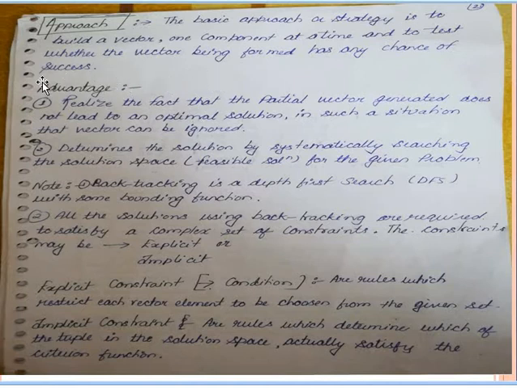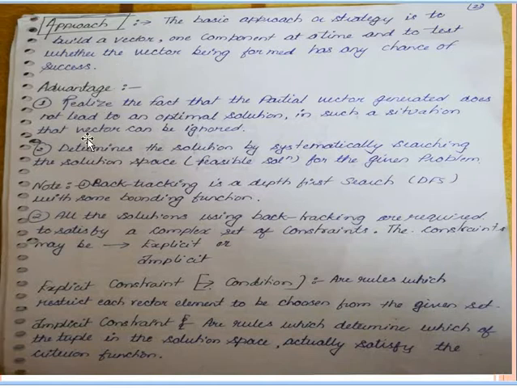If we follow this approach of building a vector by considering one component at a time, every time we are checking whether that component is satisfying the criteria function for that problem or not.